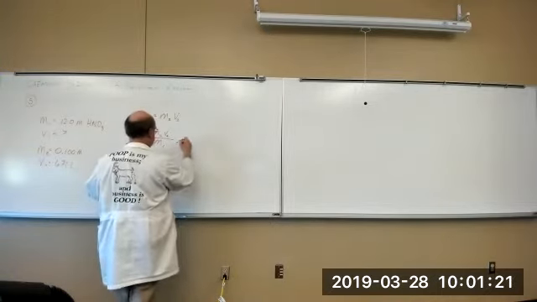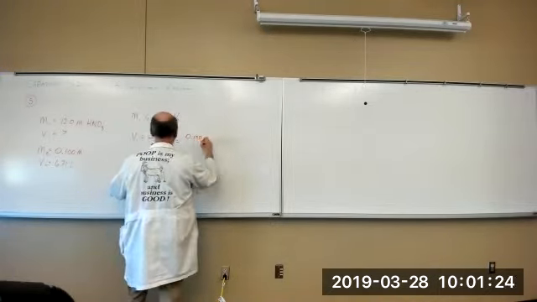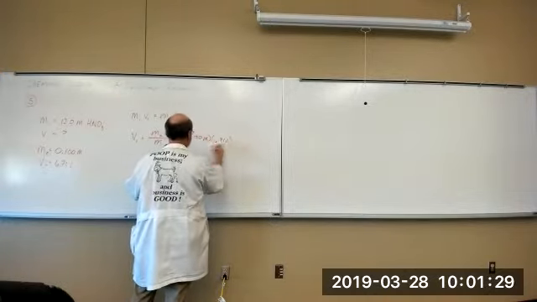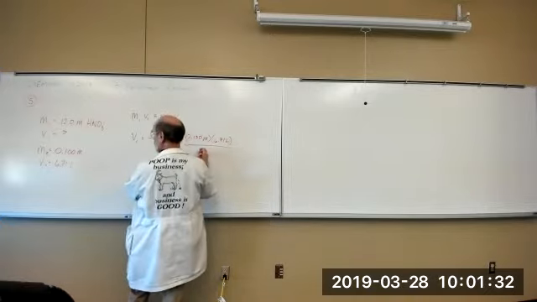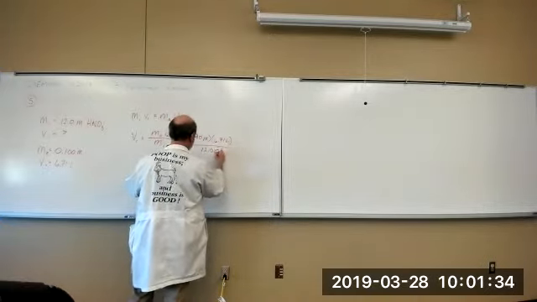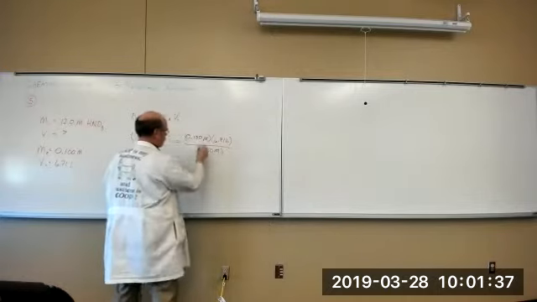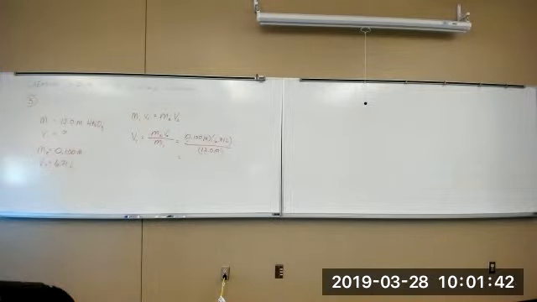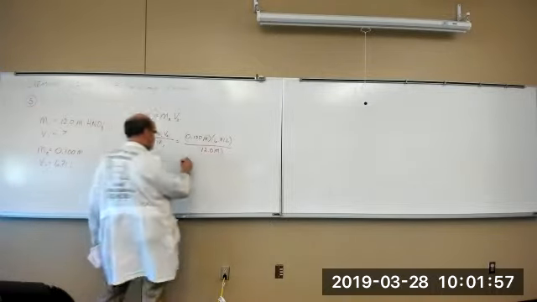So M2 is 0.100 molar times that volume, 6.71 liters, and then this one is 12.0 molar. Those cancel. Let's see, 0.1, 6.71, and 12. So I get 5.59 times 10 to the minus 2.